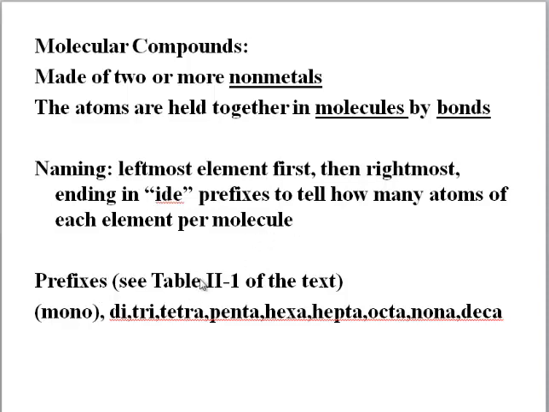The prefixes are listed in Table 2.1 of the text, and you'll see mono meaning one. This one actually receives very little usage. Di meaning 2, tri meaning 3, tetra meaning 4, penta for 5, hexa, hepta, octa, nona, deca for 6, 7, 8, 9, 10, respectively.